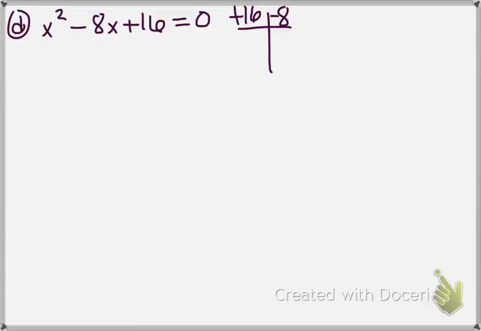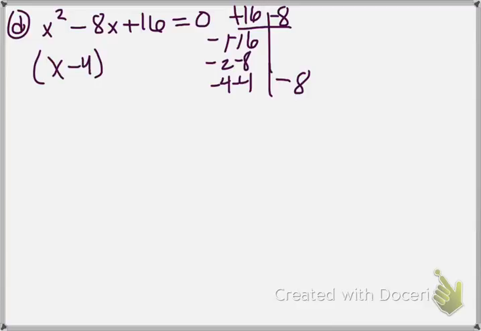So, what factors give me 16? 1 and 16, 2 and 8, 4 and 4. But the 16 is positive, and your middle number is negative, so that tells you both numbers have to be negative, right? And who would add up to a negative 8? The 4 and 4. So my answer would be x minus 4 and x minus 4.